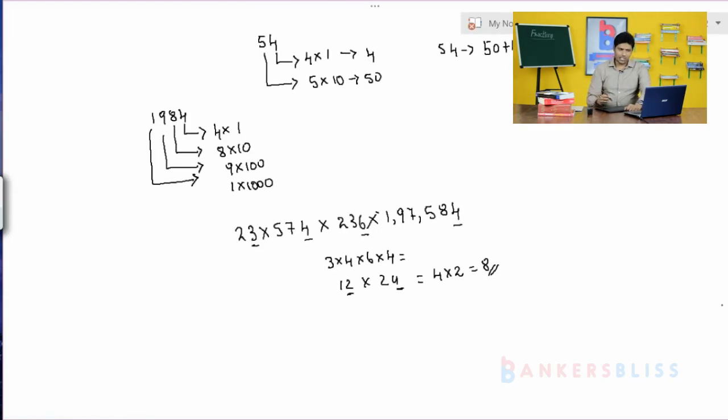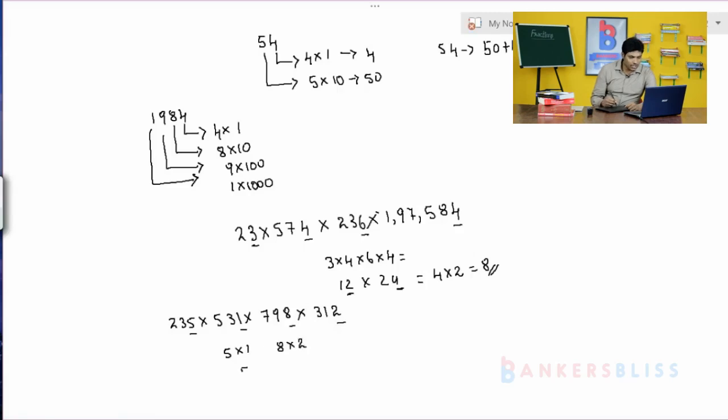You may take one more example. See here, 235 into 531 into 798 into 312. Here you have to calculate. You consider only the unit digits 5, 1, 8, 2. So 5 into 1 you consider, next 8 into 2 you consider.